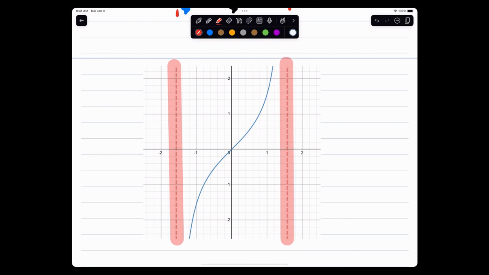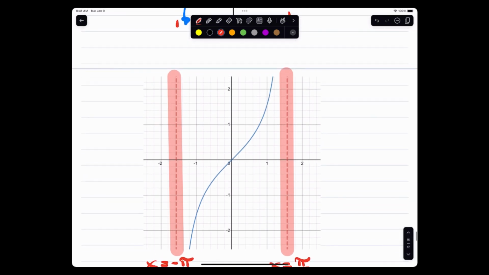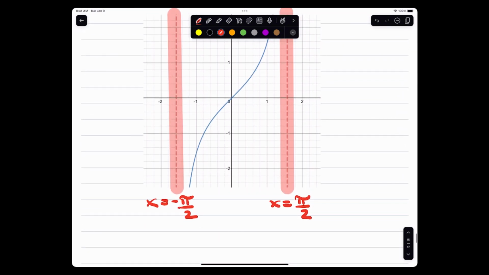Any of you guys taking other math classes by any chance? What are these? X is negative pi over 2, and x is positive pi over 2. Is that right? Do you guys know what these are called, by the way?